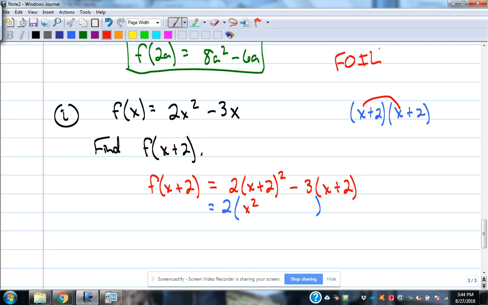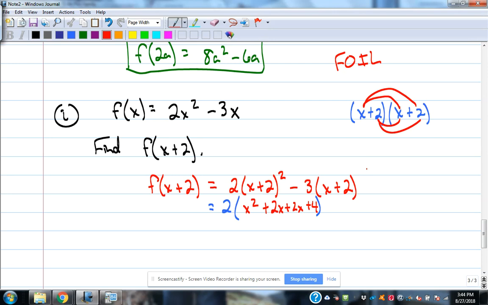I remember hearing that maybe in a math class somewhere. I don't ever teach it as FOIL, but most people that I've taught here have heard FOIL. I just call it distributive property because it's the same thing. So I'm distributing x to both of them. So that's x squared plus 2x. And then I distribute the 2 to both of them. 2 times x is another 2x, and then 2 times 2 is 4.